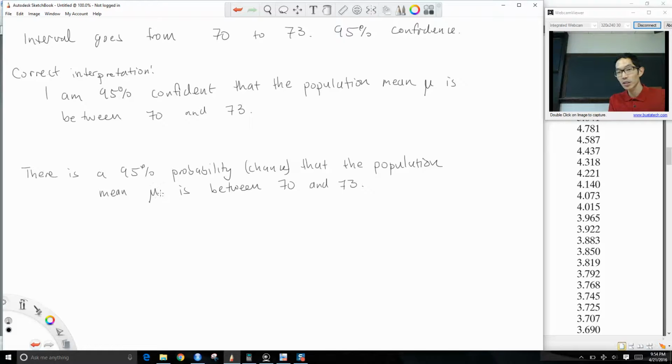All we can say is that we are 95% confident that our interval manages to get at this value mu, but there's no uncertainty here. So this is wrong because there is no uncertainty in mu. It is a fixed value. We don't know what it is, so all we can talk about is confidence.